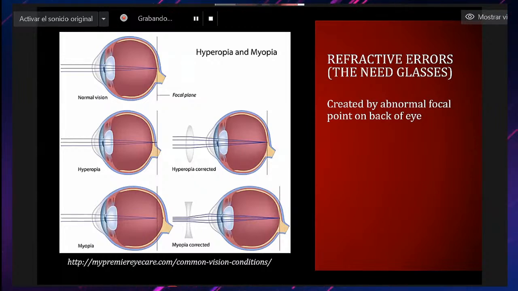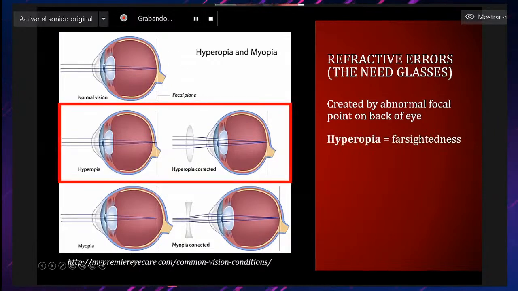This is the point where the lens and cornea focus things onto the back of the eye. You can see in this top picture, these rays of light that come through the eyes and focus on the exact portion in the back of the eye. When it meets in the retina, in the back of the eye, in the exact right space, this is considered normal vision. No one needs glasses.